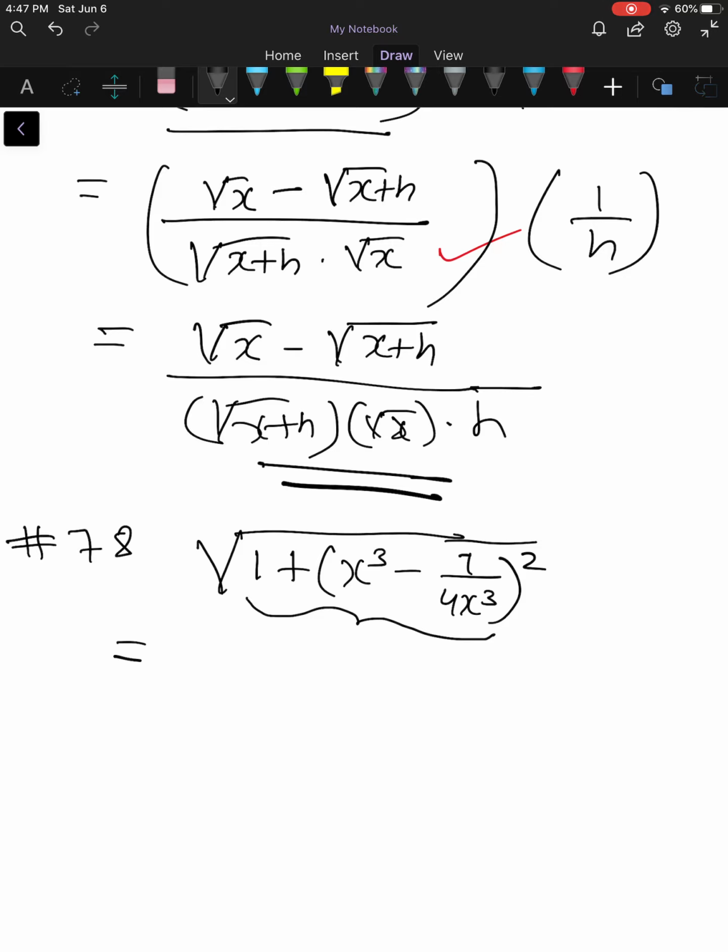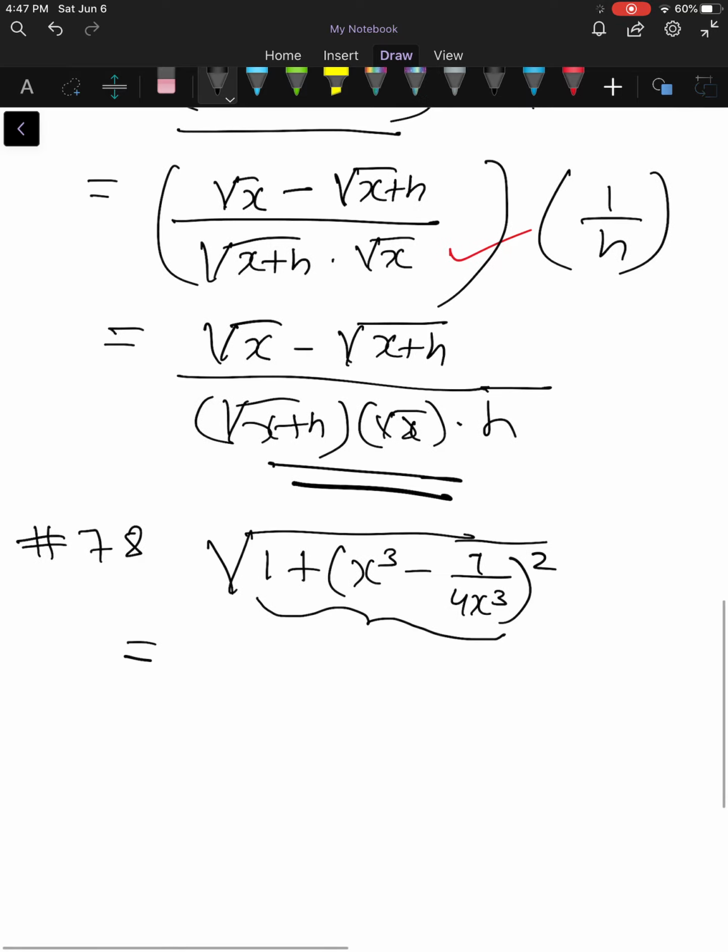Now if you just observe the term inside the square root, if you take out this part, the whole of this expression common outside, let's see what we get.